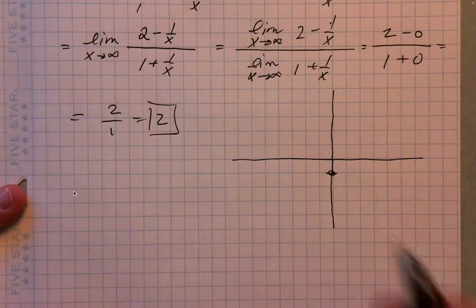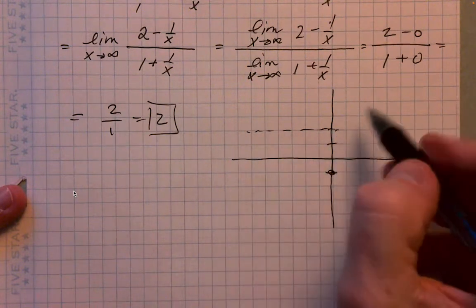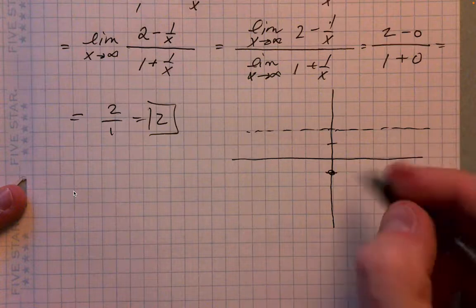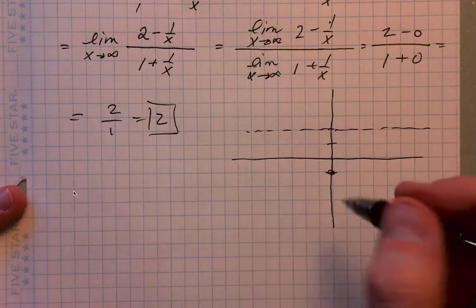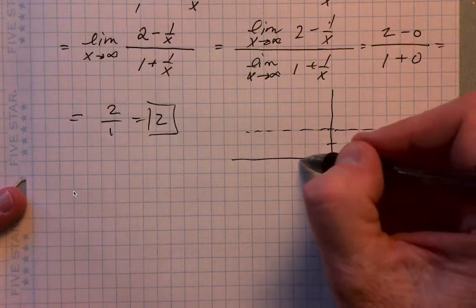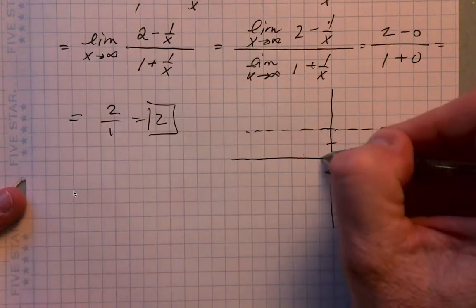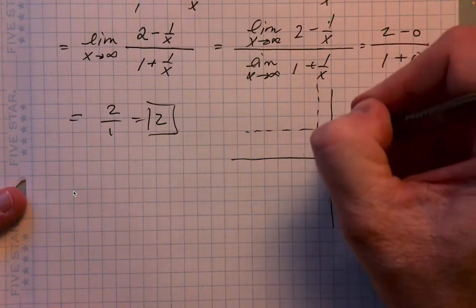So say it goes through there, and as we've seen, it does have a horizontal asymptote at 2, and it also has a vertical asymptote at x equals 1. So you're going to have something here as well.